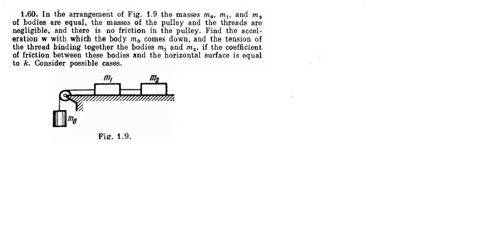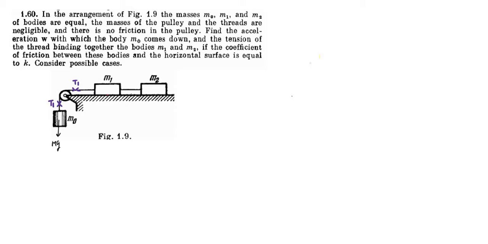So, weight will act in this direction, that is mg, and the tension in this string will be, let us say, T1. At this point the tension is T1, and we will also have a friction force acting in the opposite direction.